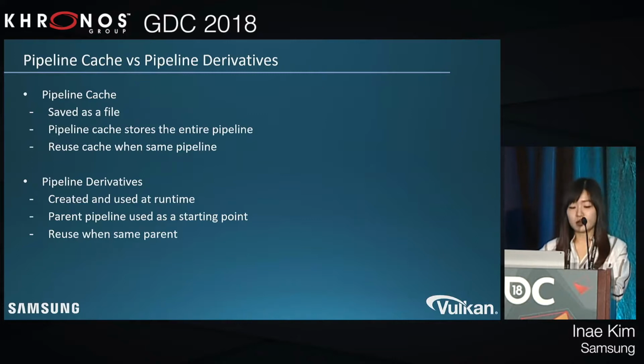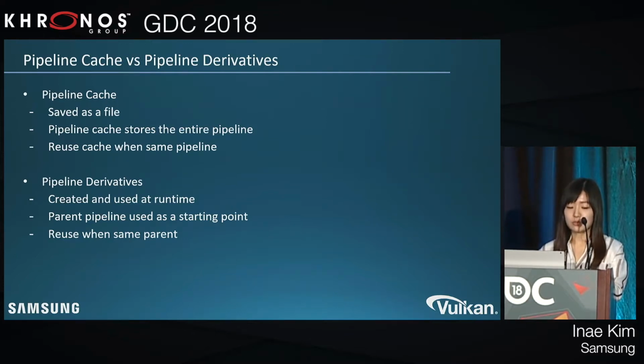Up to this slide, I have talked about pipeline cache and derivatives. So what do you think about the difference between cache and derivatives? The difference is how to save and load the pipeline and how to find it. Pipeline cache saves and reads from the SD card, and pipeline derivatives save the pipeline handle or index at runtime.